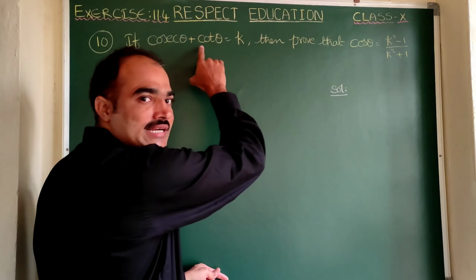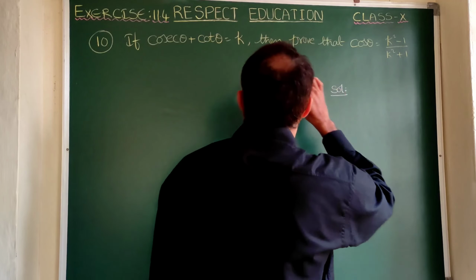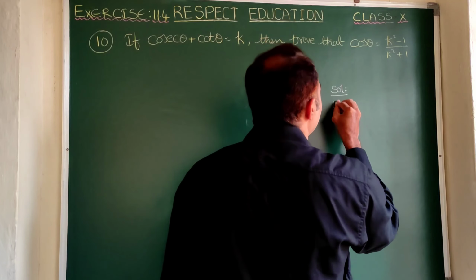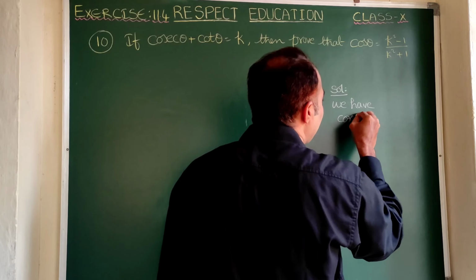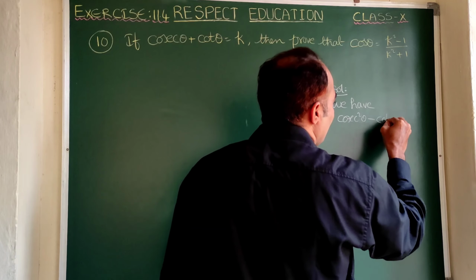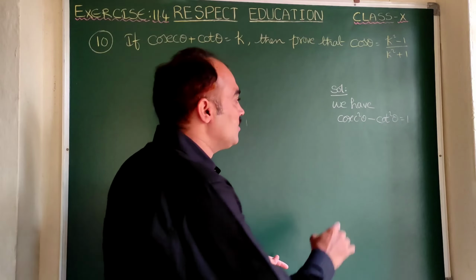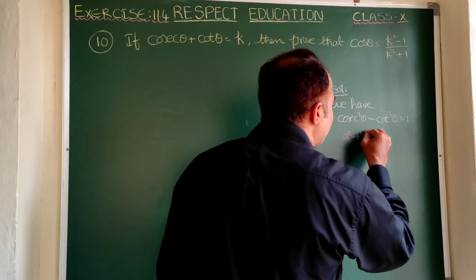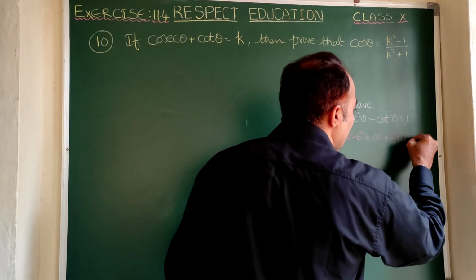Given thing is cosecant theta plus cot theta equal to k. So let us consider its related trigonometric identity. We know that cosecant square theta minus cot square theta is equal to 1. Clear? This is in the form of a square minus b square, which can be written as a plus b into a minus b.